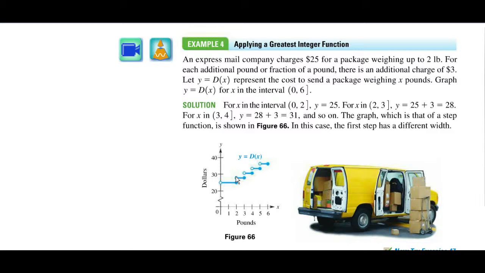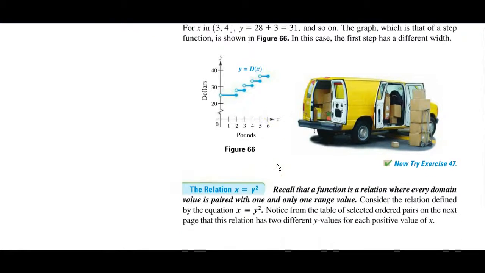That's why that's hollow. And then it continues where you would pay $3 more. So that'd be $28. And then $3 more would be $31. And this type of thing. So this is your step diagram.